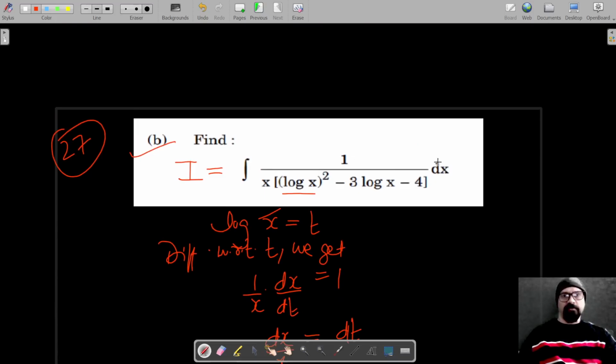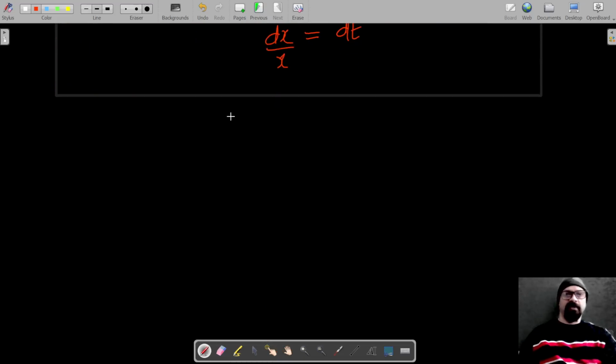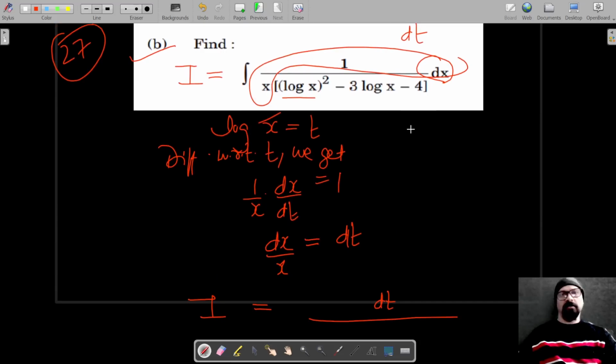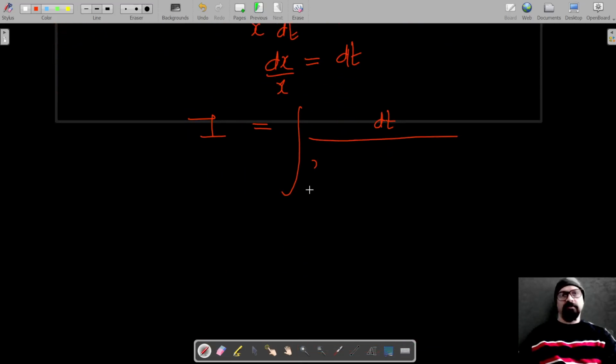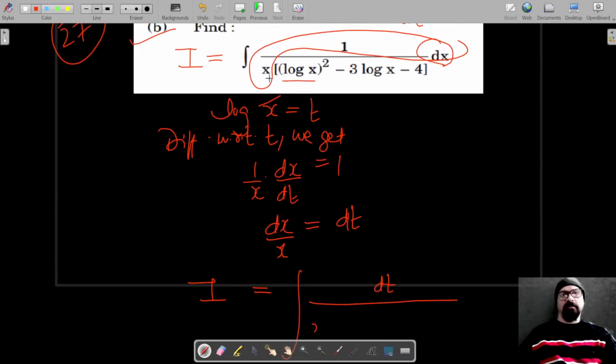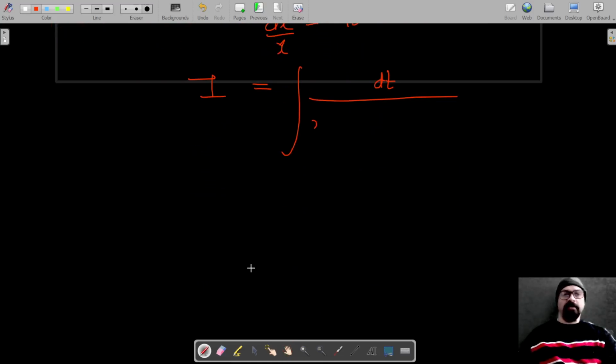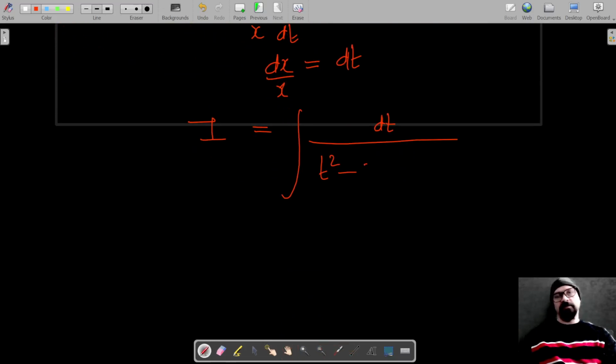So let's make the substitution here. So I is equal to the integral of dt over, with x into dx being dt, and log x squared being t square, so this is t square minus 3t minus 4.